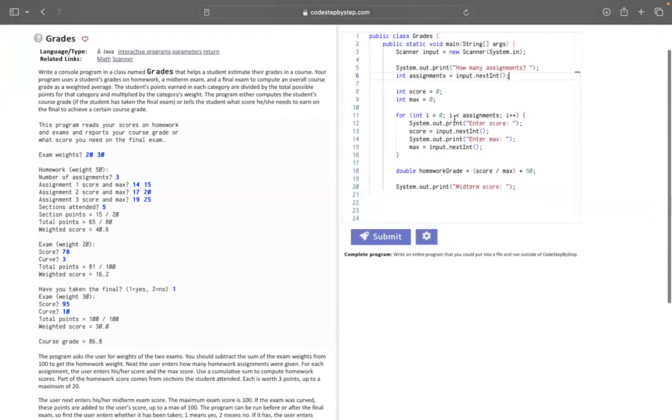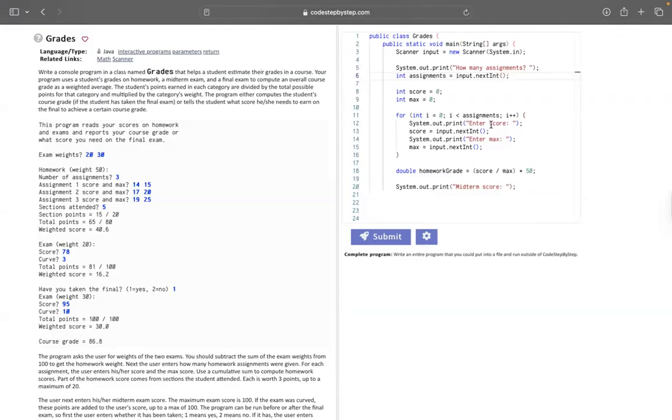The reason I did this is that since there's a different number of assignments, the for loop would run for each assignment. We know it starts at one, so basically zero. And then the student would have to tell you their score for their assignments.